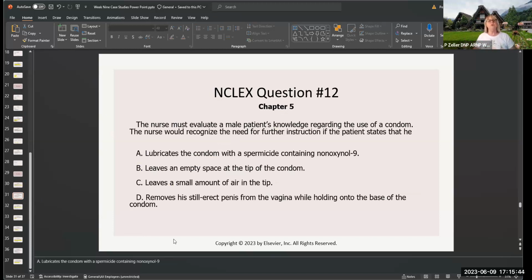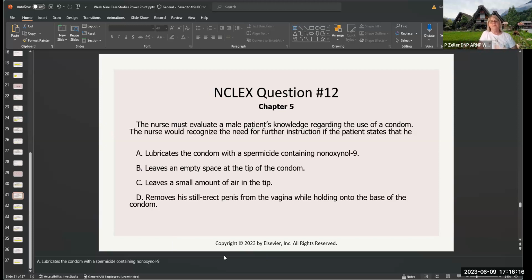Now you're evaluating after teaching a male client about using a condom. I can tell you, I never taught any male about a condom. They figured out some other way, I guess. But I never taught one. So which one's not correct? The nurse would recognize the need for further instruction if the patient states which one?